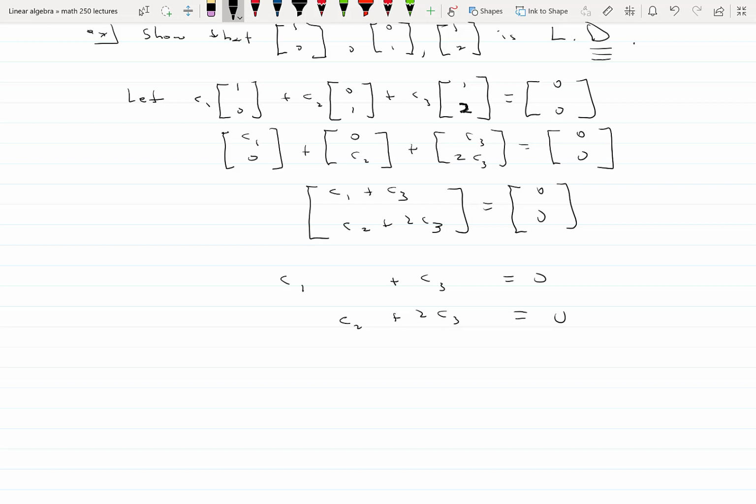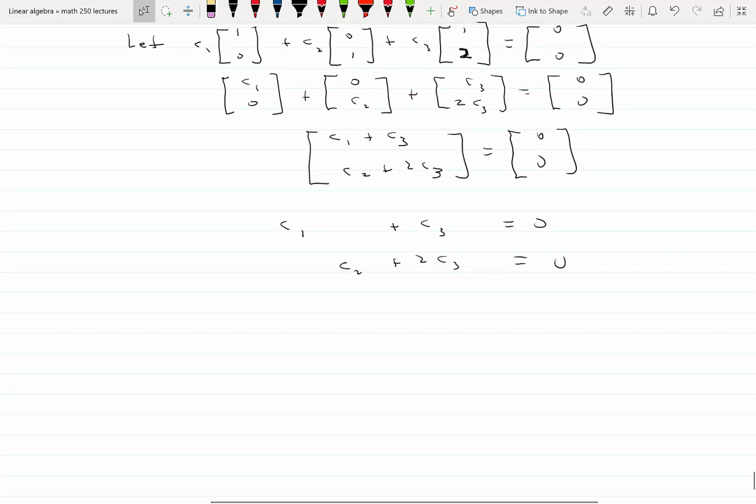This is going to happen extremely frequently, whether we're dealing with linear dependence or spanning or whatever. Much of the theory, much of the computational work, results in a system of equations. This system of equations has infinitely many solutions.